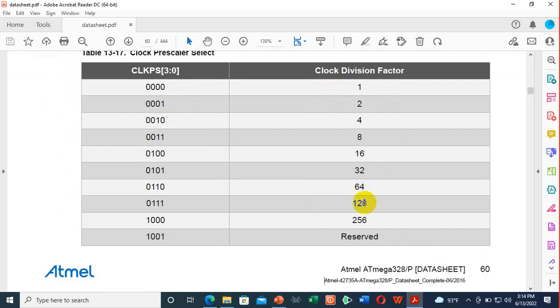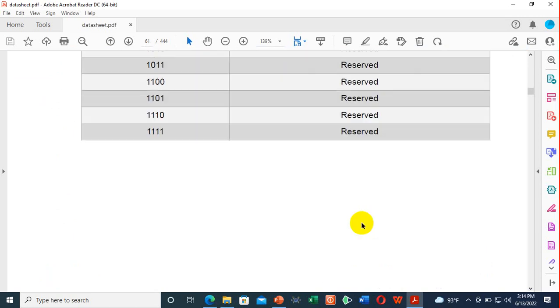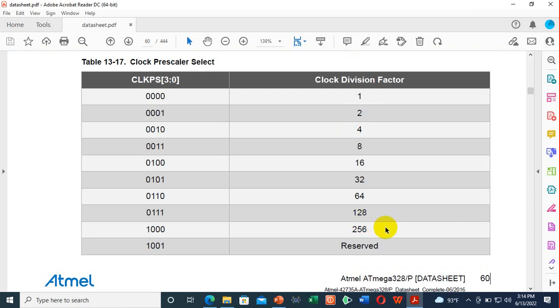Okay, you can divide up to 256. After that, all other bit sequences are reserved. So you can divide by 1, 2, 4, 8, 16, 32, 64, 128 or 256. Okay, that means up to this. After that all the bit sequences are reserved.